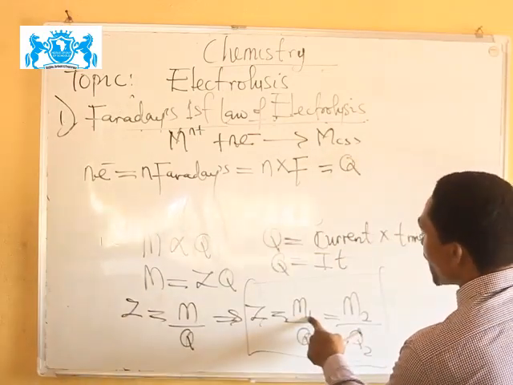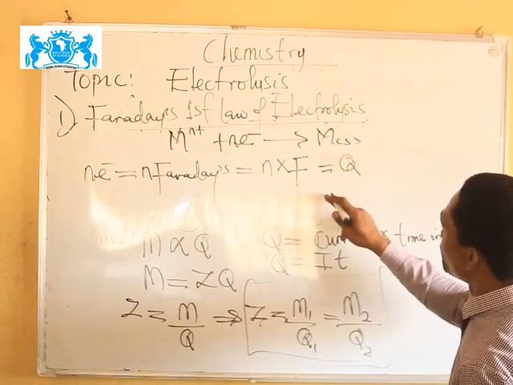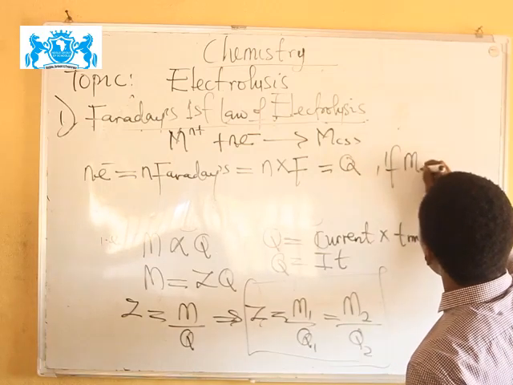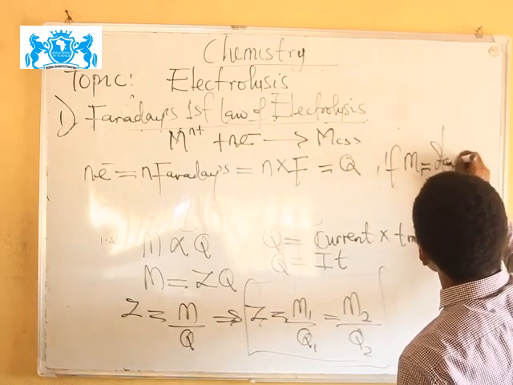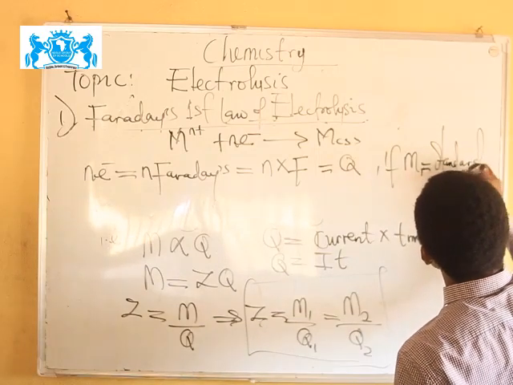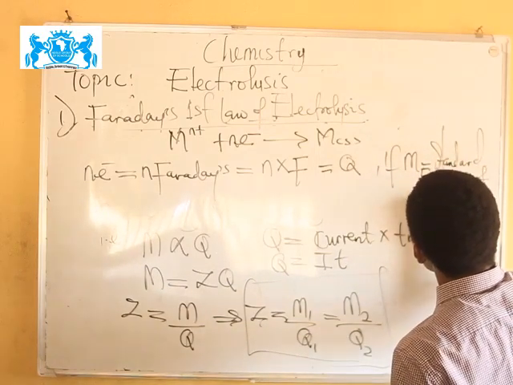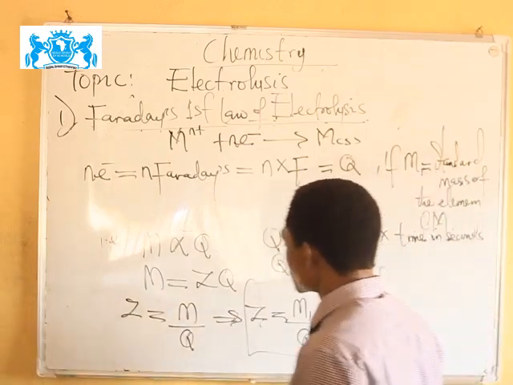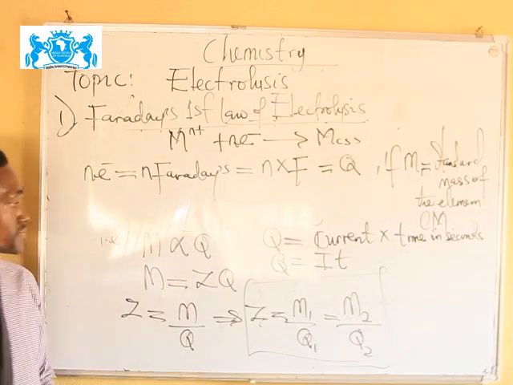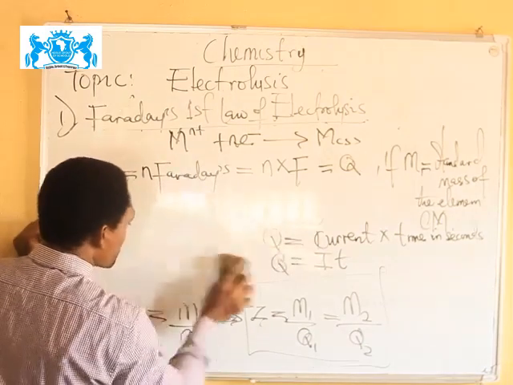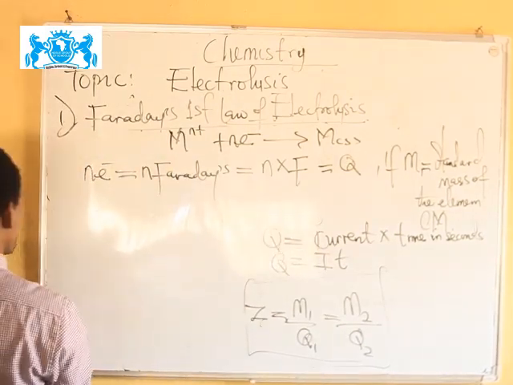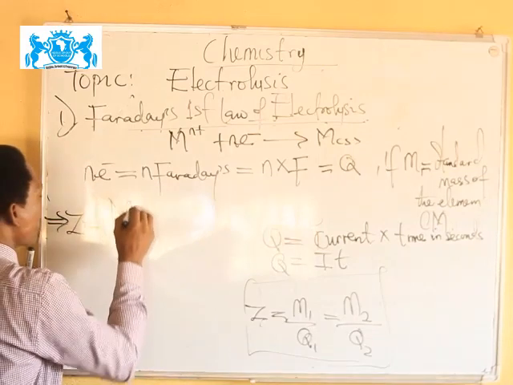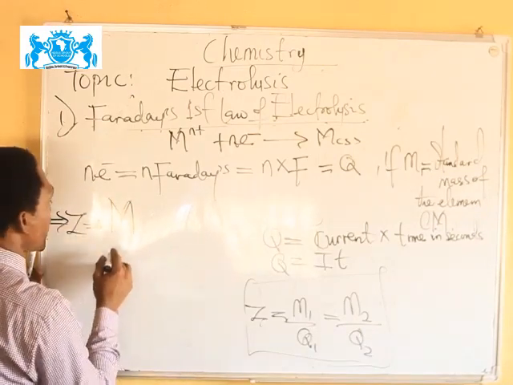Q. So if M1 represents the standard mass of the element, let's say capital M, then the equation can become modified, and our Z will be equal to capital M all over NF.